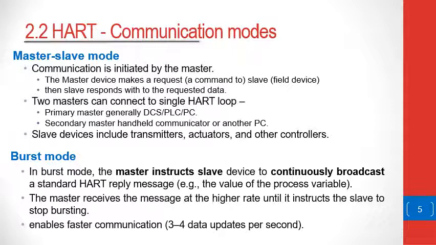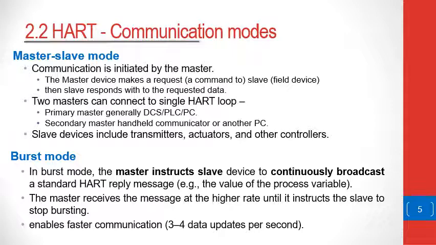Sometimes there can be 2 masters within a single loop temporarily, because you would have a primary master connected, like a PLC, and then from time to time a handheld communicator for diagnosis or commissioning new devices connected to the same network. The slave devices in this case are the field devices, the transmitters, the actuators, the controllers.